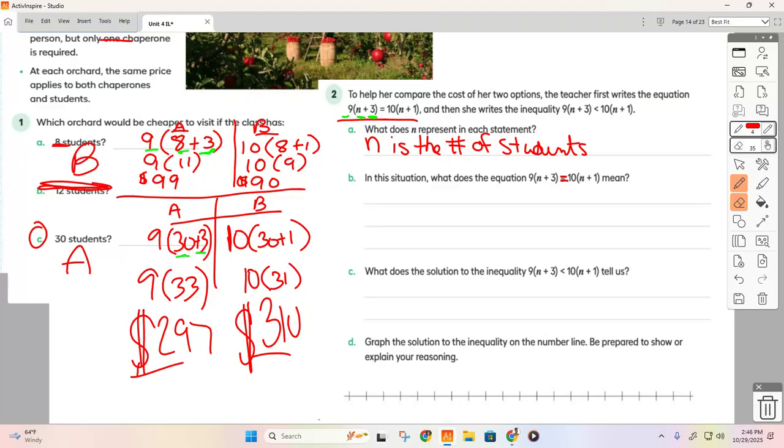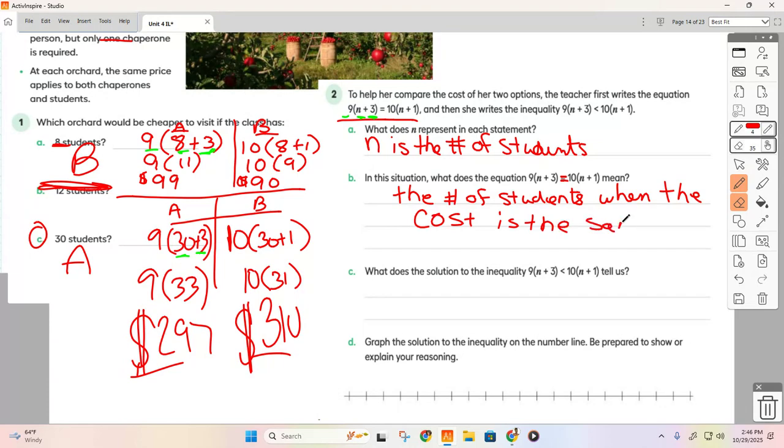So if there's an equal sign, it's representing when the cost is the same, because equal means the same. If we were to figure that out, remember how we graphed the system of equations? We would see where they intersect to see if that's a possibility.